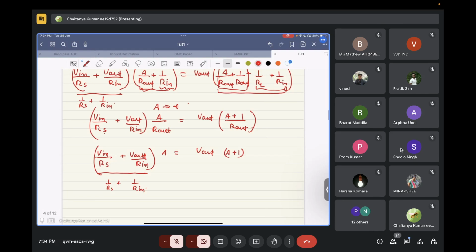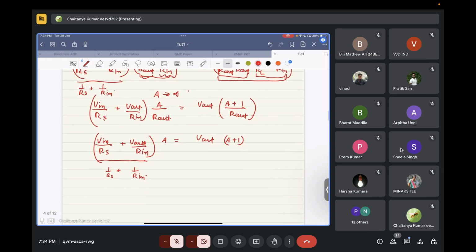So now Rs can be anything, right? What should Rn be? Rn we saw should go to infinity, correct? So if Rn goes to infinity, 1 by Rn will tend to 0, so both these terms can be ignored.